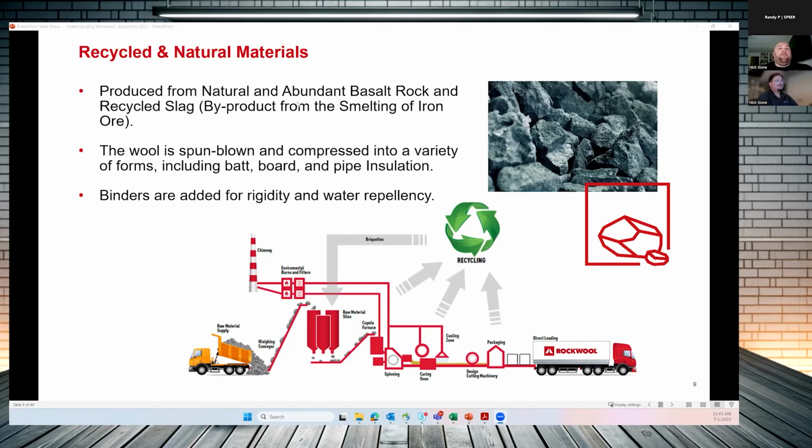We're kind of moving away from the slag category. The stone fibers produce just a little bit better, more consistent bat material, and allow us to have a little bit higher heat resilience than our slag material can hold up to. So we're starting to shift away from some of that.